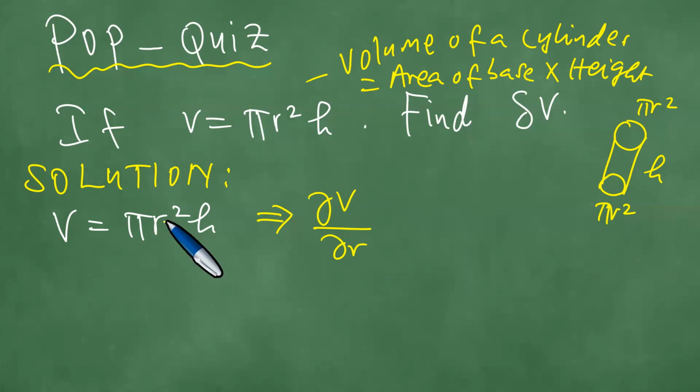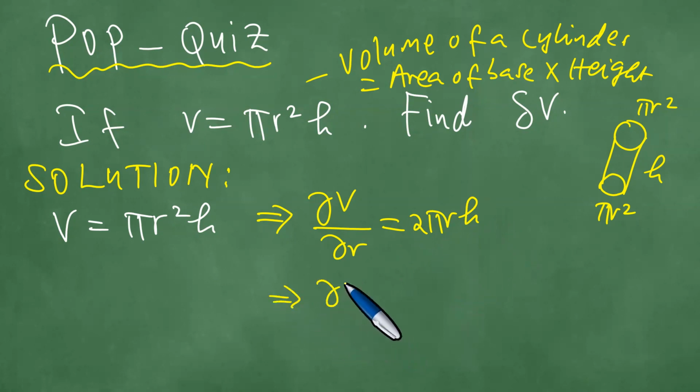The derivative of r squared is 2r, so that becomes 2 pi r h. We also find the partial derivative of V with respect to h. The derivative of h is 1, so this is pi r squared.